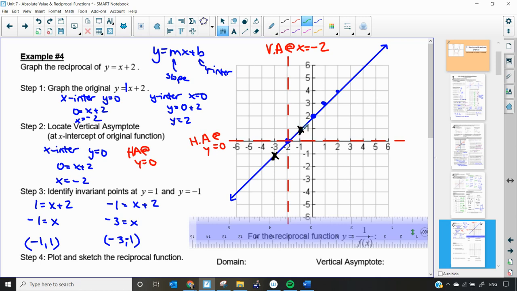Our function is getting smaller and smaller, and as our y values are getting bigger and bigger, they're approaching infinity. So they're approaching that graph, going on and on forever. So it should be a nice smooth curve when we're drawing these. So the graph is kind of approaching both asymptotes.